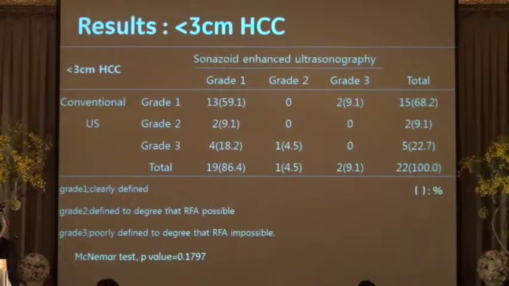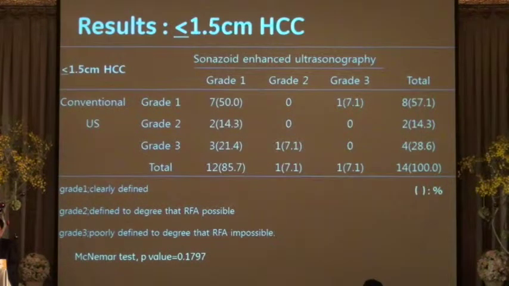We can usually treat small HCC with grade 1 or 2 lesion conspicuity. The number of lesions with grade 1 and 2 conspicuity on conventional US was 77.3%. That of Sonazoid CEUS was 90.9%.